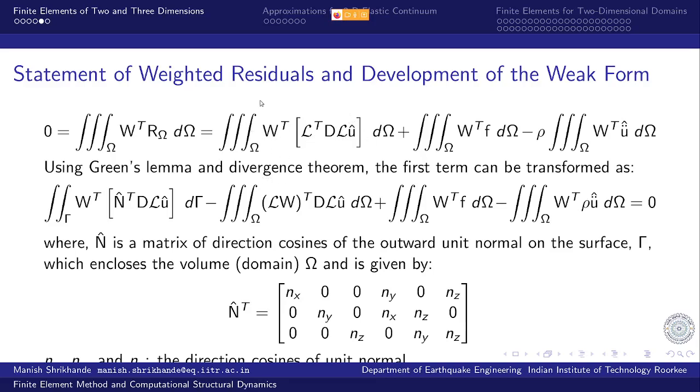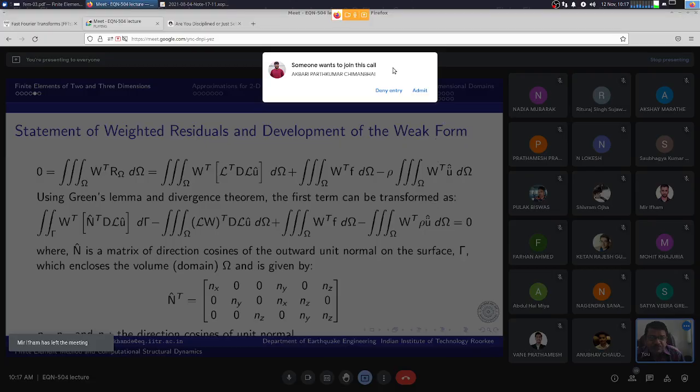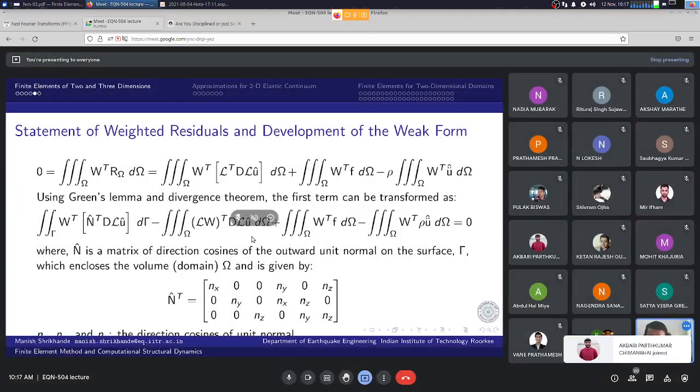By using divergence theorem, we can actually transfer this derivative onto the weighting function term and reduce the continuity requirement, and we can have a reduced order derivative on the highest order derivative in the entire equation, and that is what we call as the weak form.